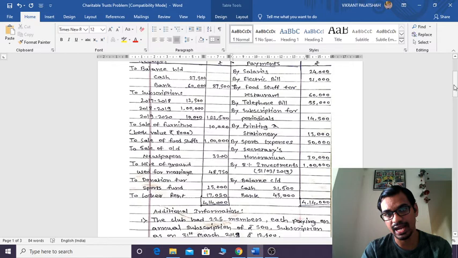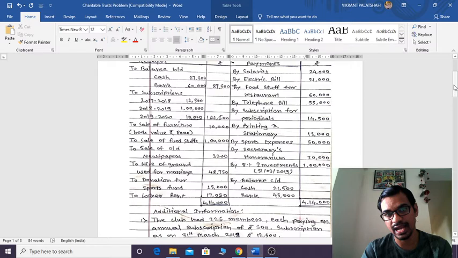Once again, I am revising: add subscription outstanding at the beginning of the year, add subscription received in advance at the beginning of the year, and then less subscription outstanding at the end of the year, and less subscription received in advance at the end of the year. Understood this? So as per that, now we have to refer.